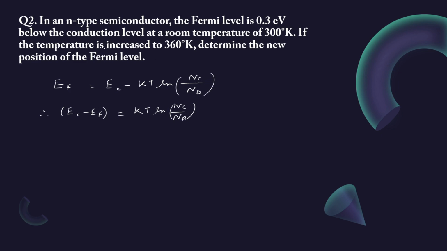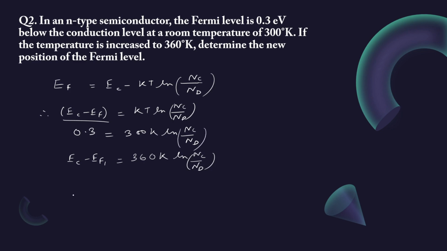As given, at 300 degree Kelvin this value is 0.3 electron volts, so this equals 300 into K ln of NC by ND. Now considering the second case, where we have EC minus the new Fermi level equals 360 degree Kelvin into K ln again NC by ND.